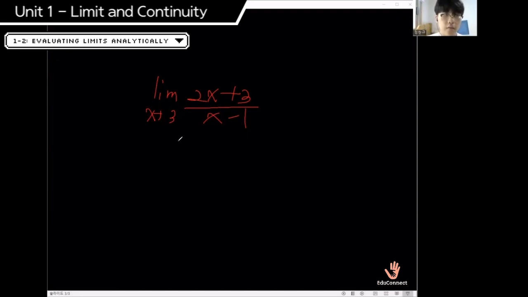We are going to let our function equal g of x. So we have g of x is equal to 2x plus 3 over x minus 1. And we are going to evaluate our function when x is equal to 3.